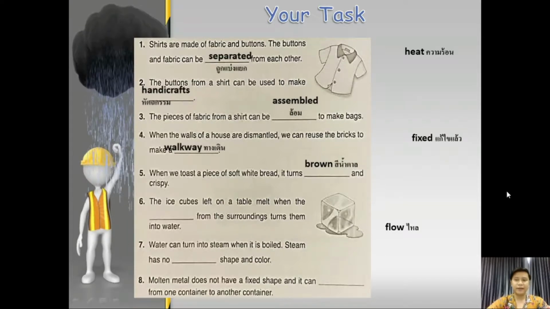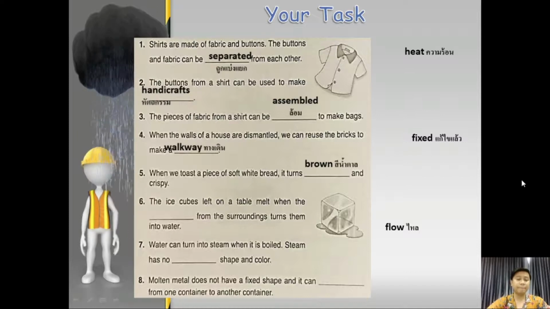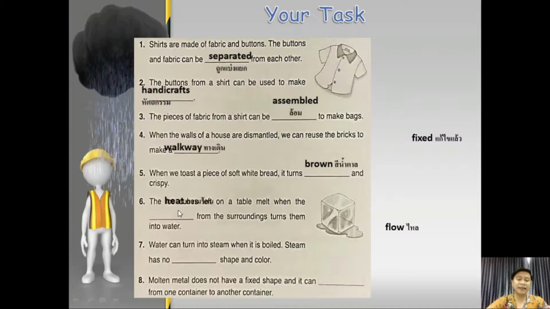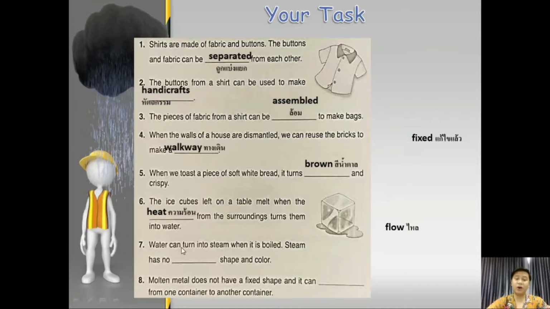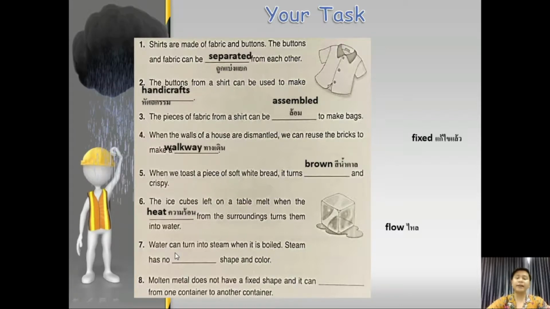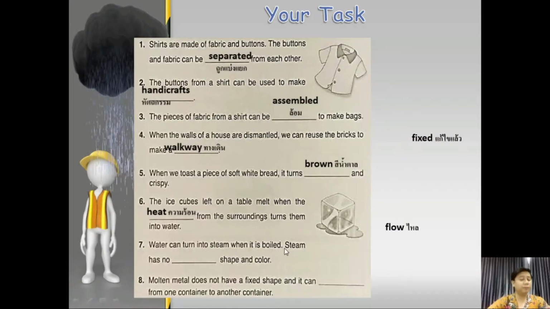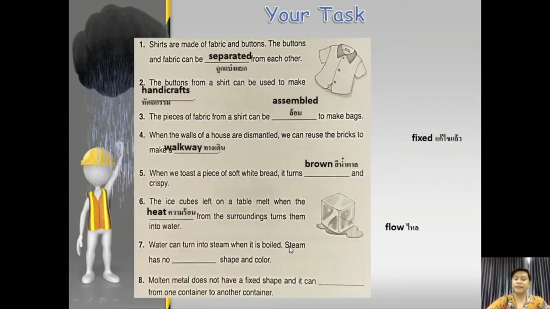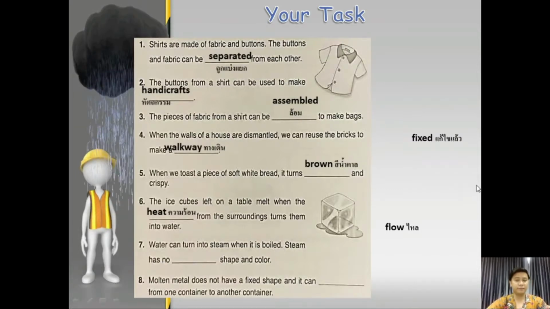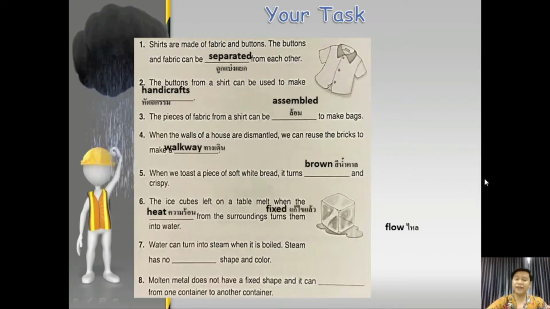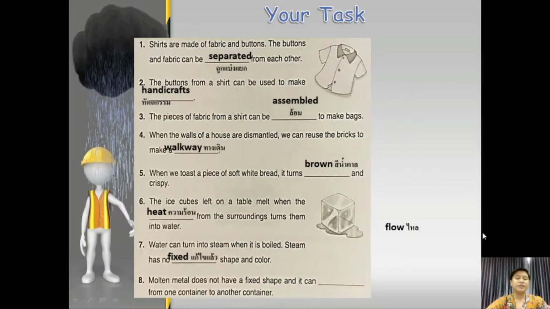What is the correct answer? Heat. Okay. Next, water can turn into steam when it is boiled. So steam has no blank shape and color. What is the correct answer? Fixed. No fixed shape and color.